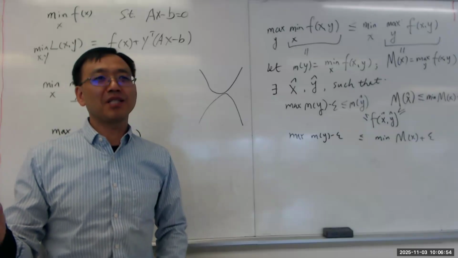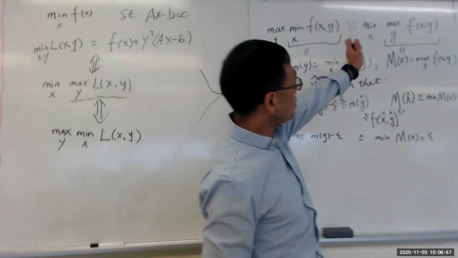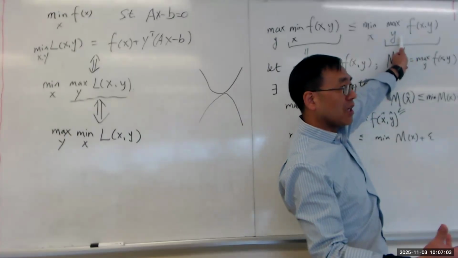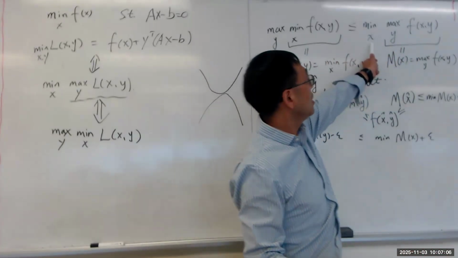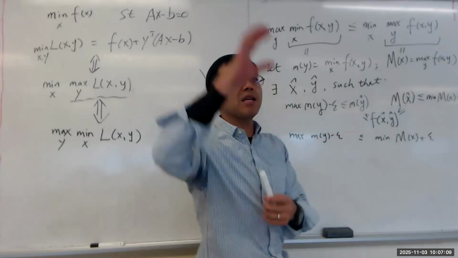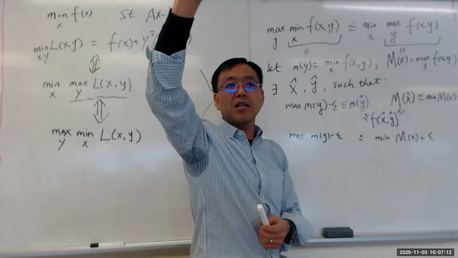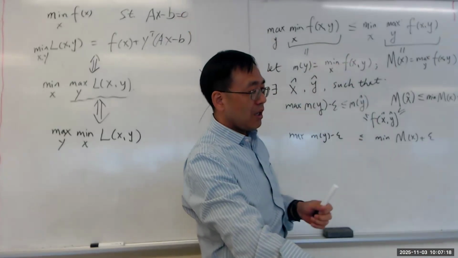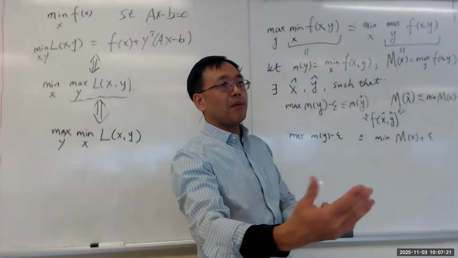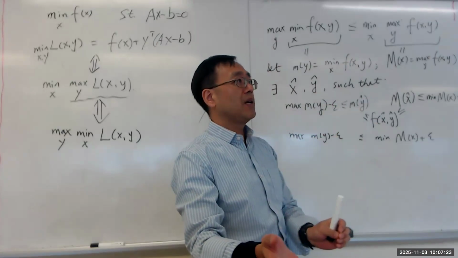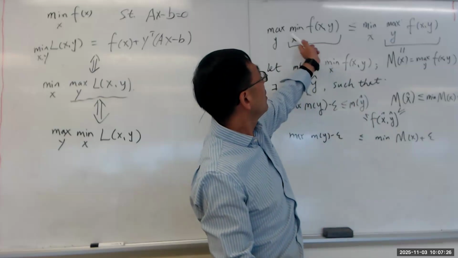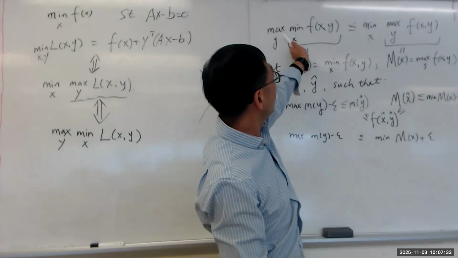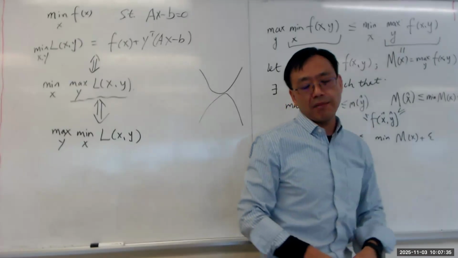If your first choice is to maximize your target function, then even if you minimize later, you are still minimizing some large value, because it is the minimum of the maximum. But if you start with the minimum, you go low, and then even if you later try to maximize that function, you are still maximizing some small value, so you cannot go big. This serves as an upper bound for the minimax, right? So the max-min serves as a lower bound for the minimax.